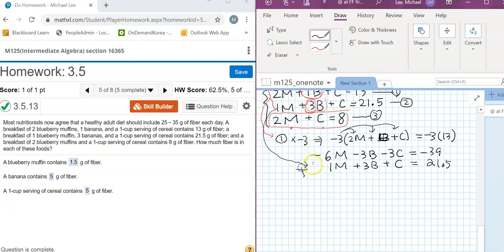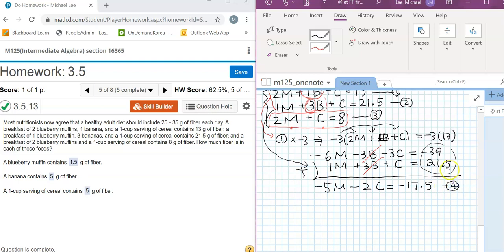And I'm going to add these two equations. So this 3b gets canceled. So I have negative 5m minus 2c, negative 3 and 1, equal to negative what? 17.5. You add these two numbers. So that is equation number 4.